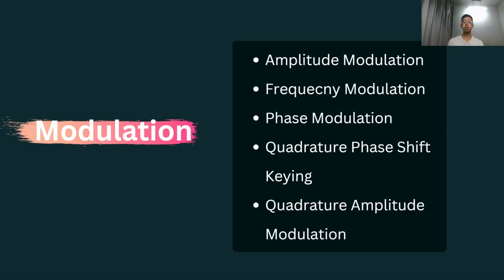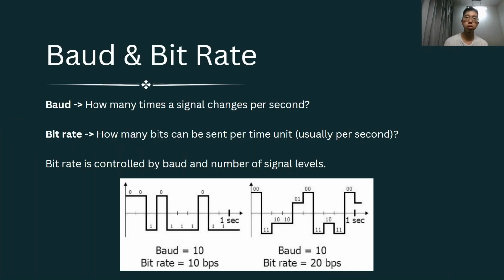We have several types of modulation. For example, we can modulate the amplitude, the frequency, or the phase, and we have quadrature phase shift keying and quadrature amplitude modulation. The next concept we need to know is baud and bit rate.